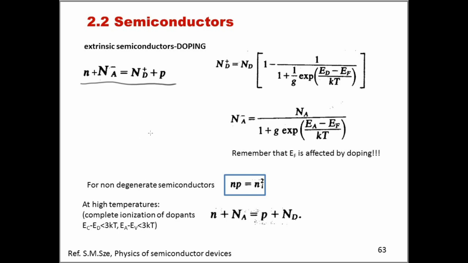Now, as we said, for non-degenerate semiconductors the mass action law is true, and in case of high temperatures, which means that the dopants are all completely ionized, then the charge neutrality condition can be replaced simply with this.